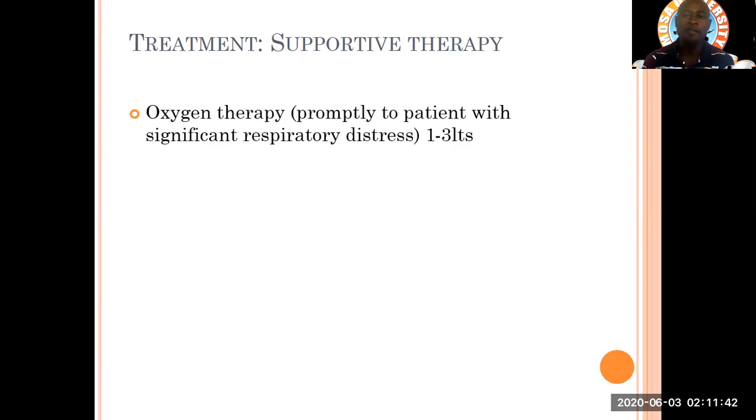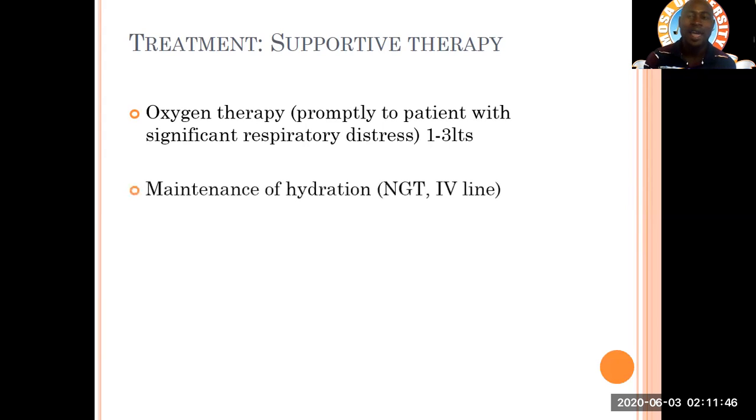But we also have supportive therapy. This is whereby you know that there may be a presence of grunting, also signs of respiratory distress. So we'll give 1 to 3 liters of oxygen therapy. Also, you maintain good hydration using a nasogastric tube or IV line.